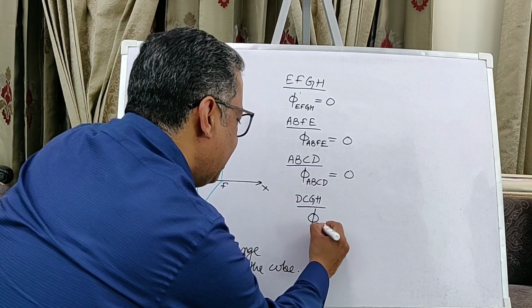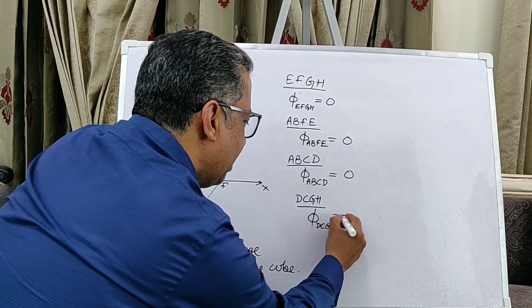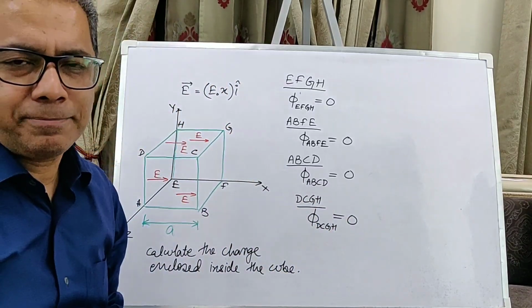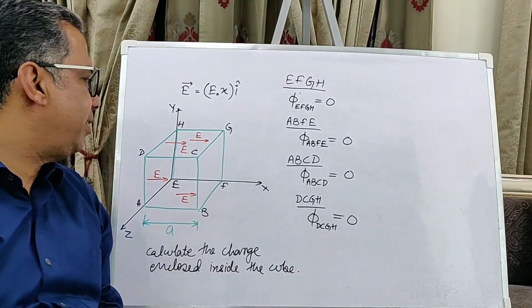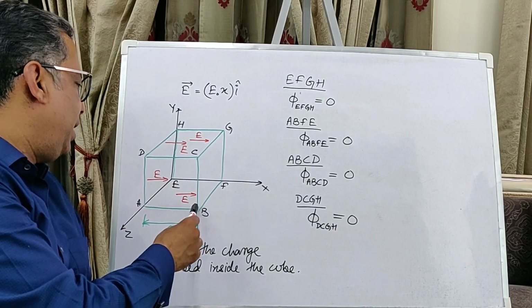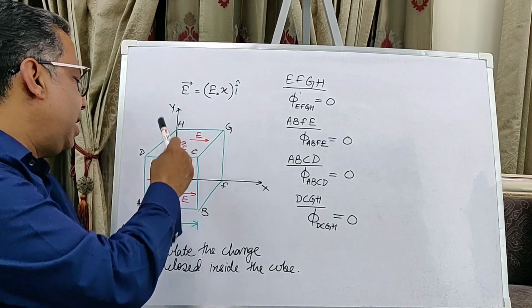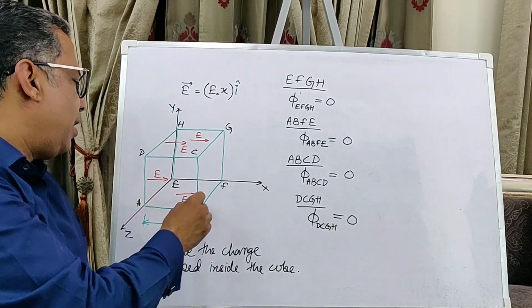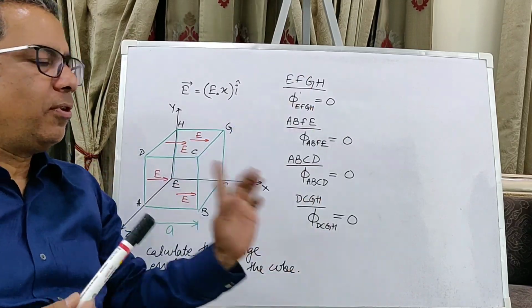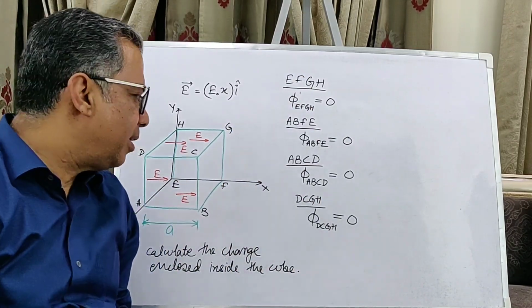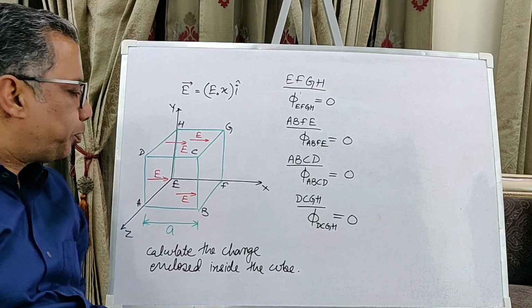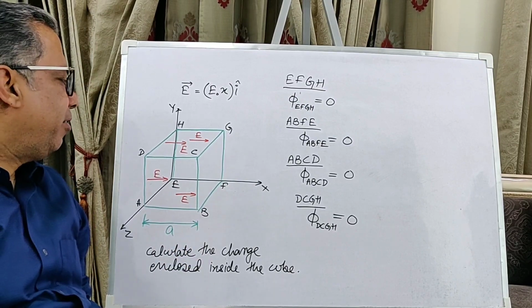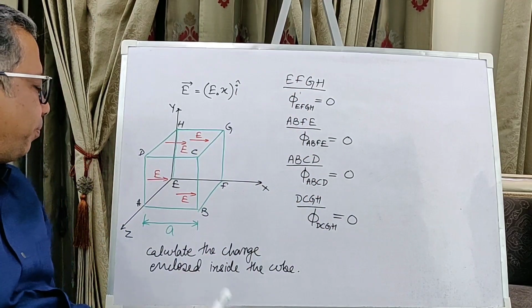So far so good. We have 4 of these faces: ABCD, BCGH, EFGH and ABFE. The flux through all 4 of them is 0 because the electric field is tangential to these surfaces. Job easily done. We get 0 flux.